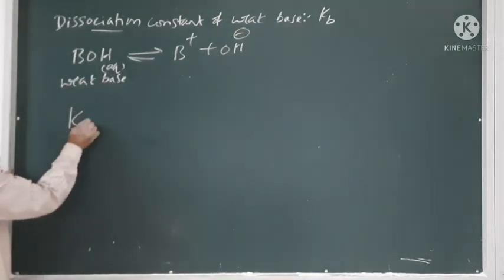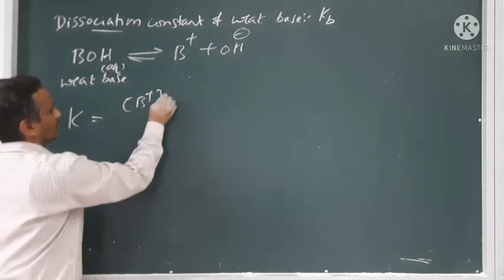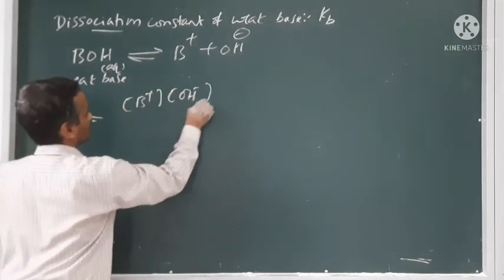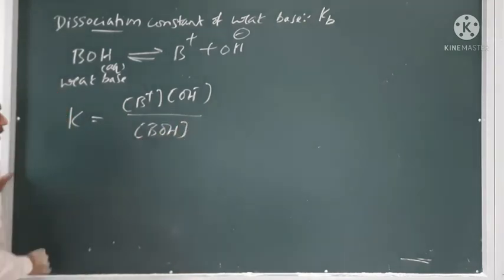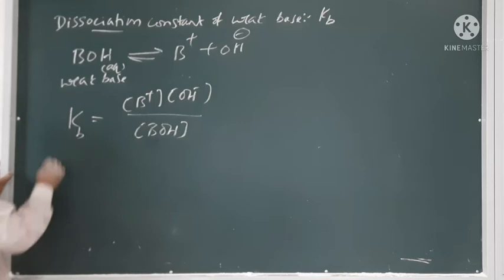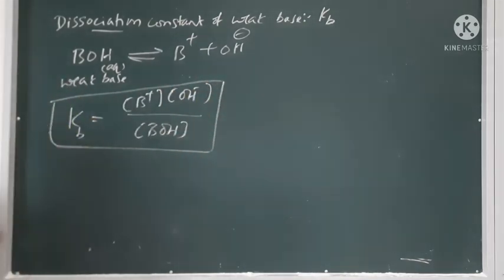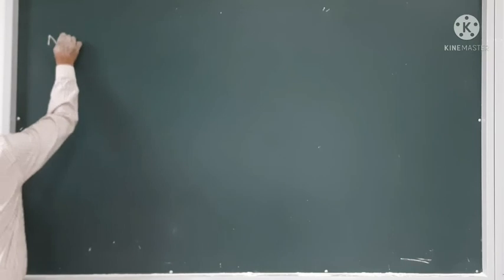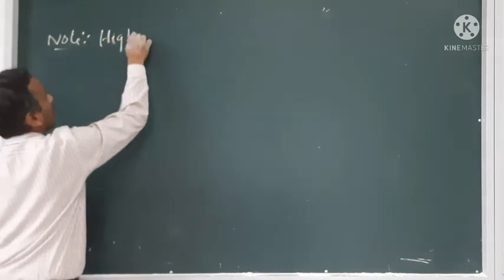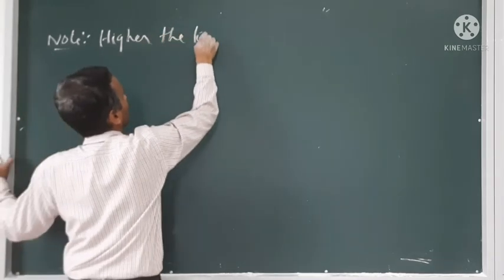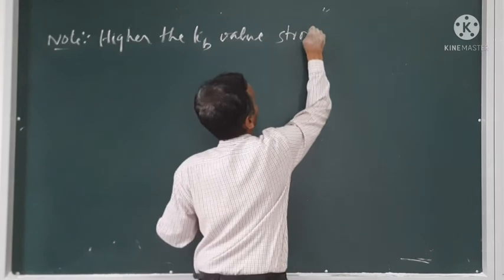So K is equal to B plus concentration into OH minus concentration divided by BOH concentration. As is said for base, I write Kb. Problem can be asked on this. Higher the Kb value, stronger the base.